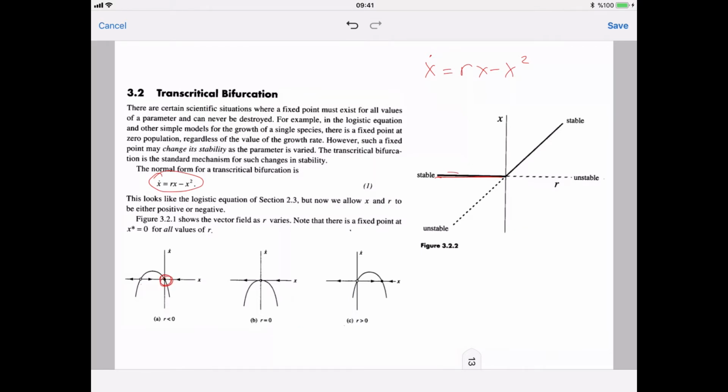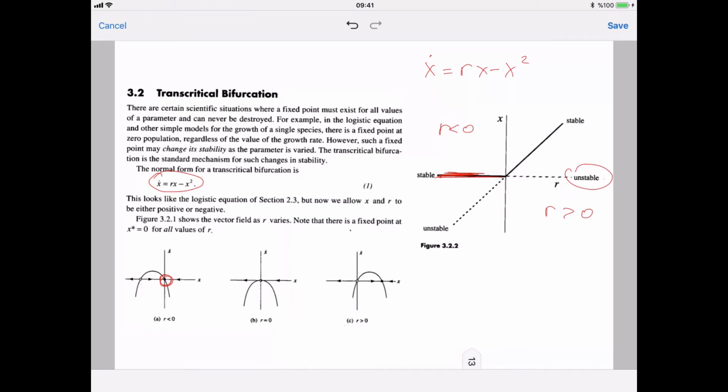It stays there when r is smaller than 0. It stays at the origin, right? Then it becomes unstable after r becomes positive, right?